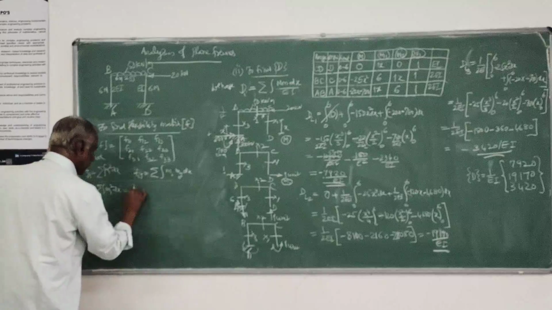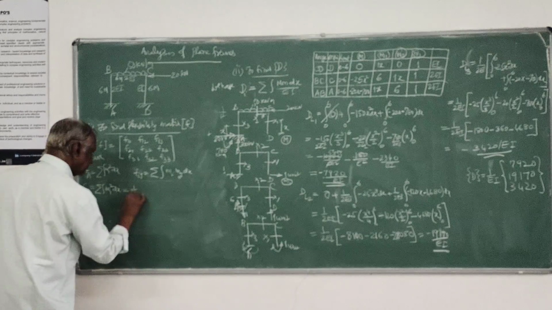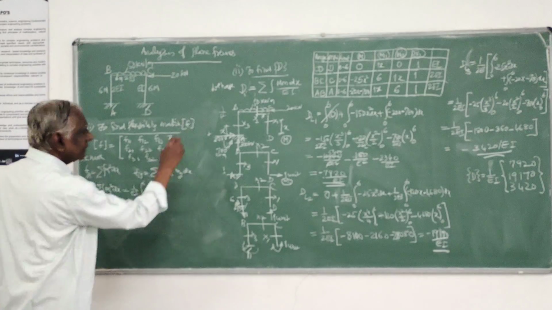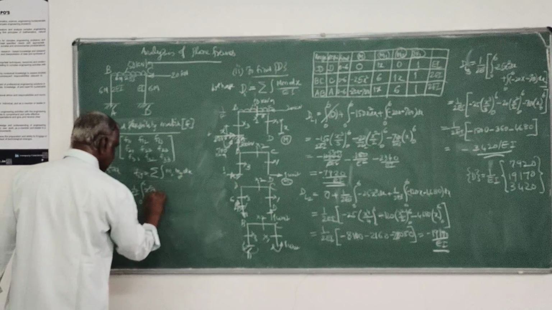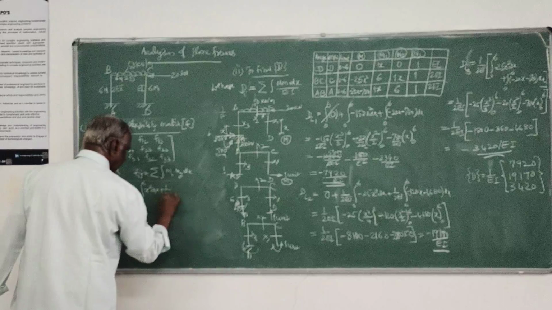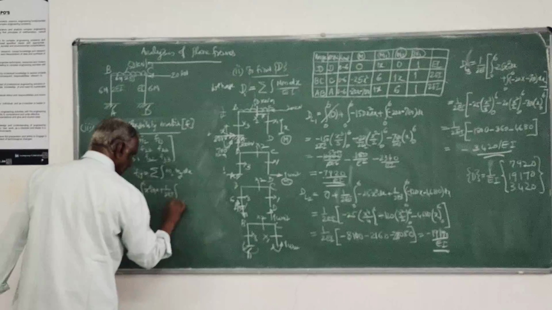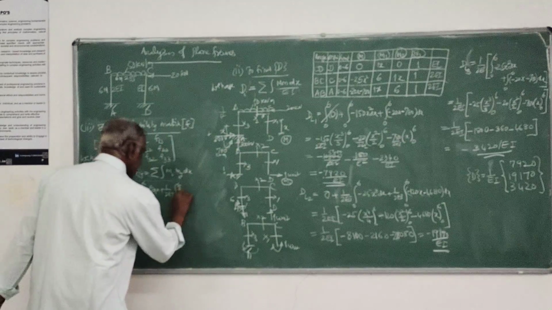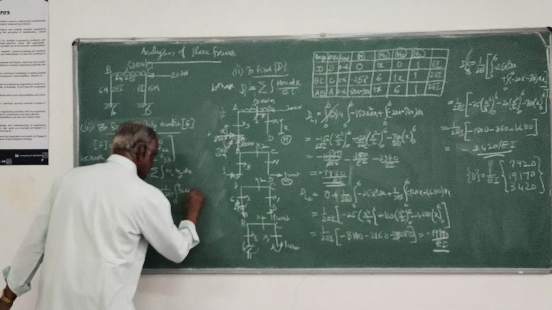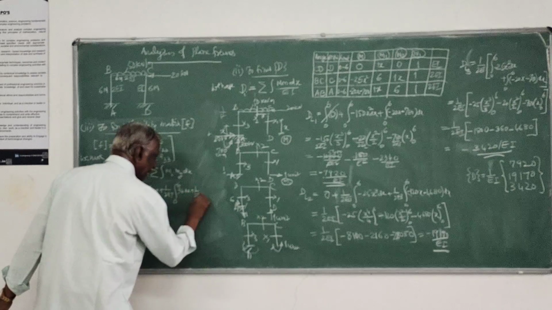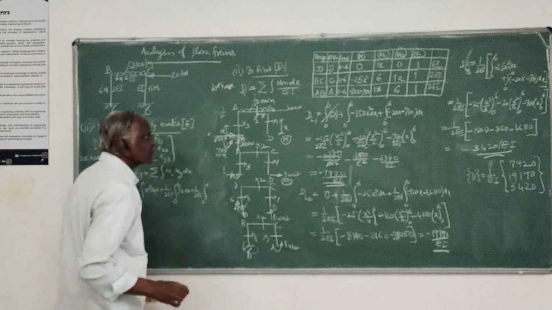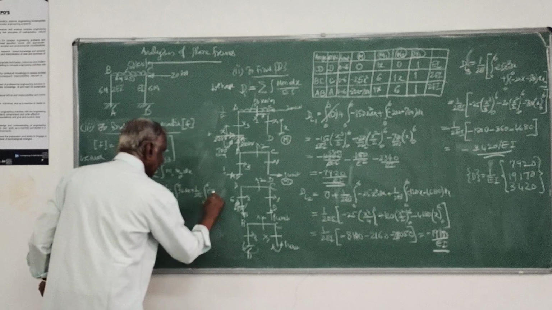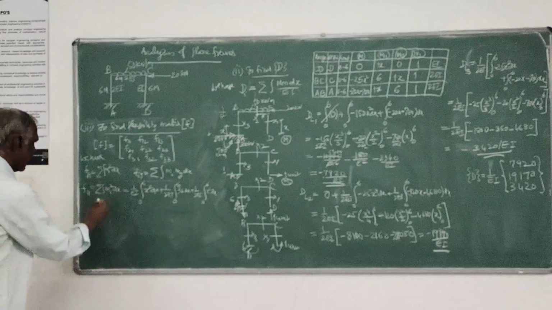It is nothing but 1 over EI integral 0 to 6 of x square dx, then plus 1 over 2EI integral 0 to 6 of 6 square, that is 36, then plus 1 over 2EI integral 0 to 6 of again x square dx. So this you have to evaluate.